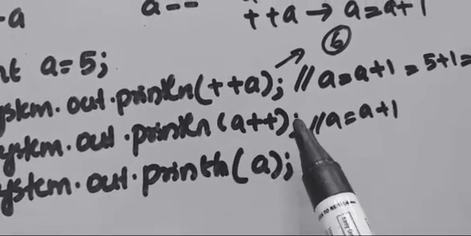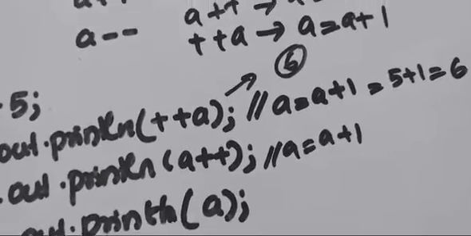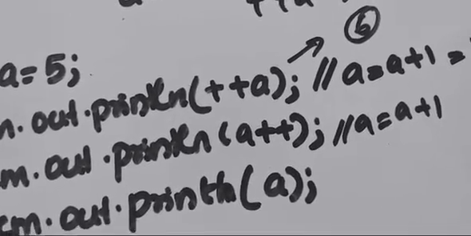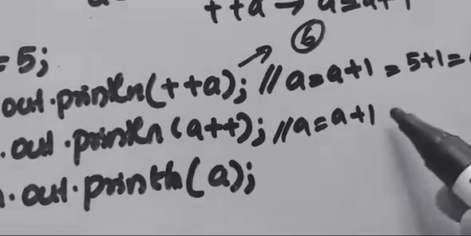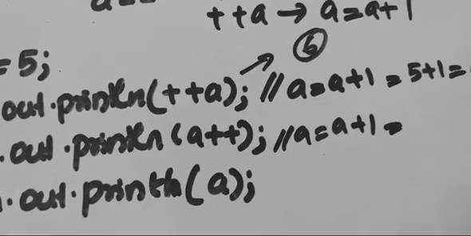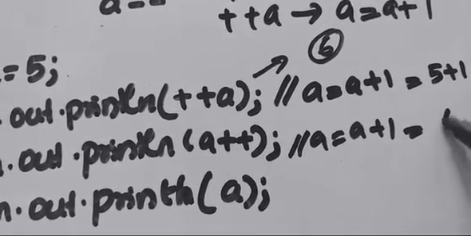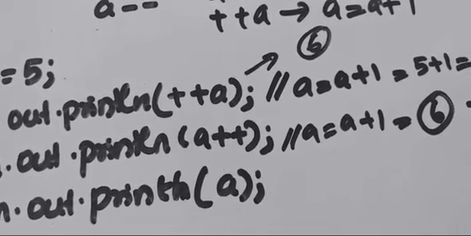But what type of increment is this? This is post-increment. So what is the rule? In post-increment, first use, then increment. First we use the value. Then we increment it by 1.